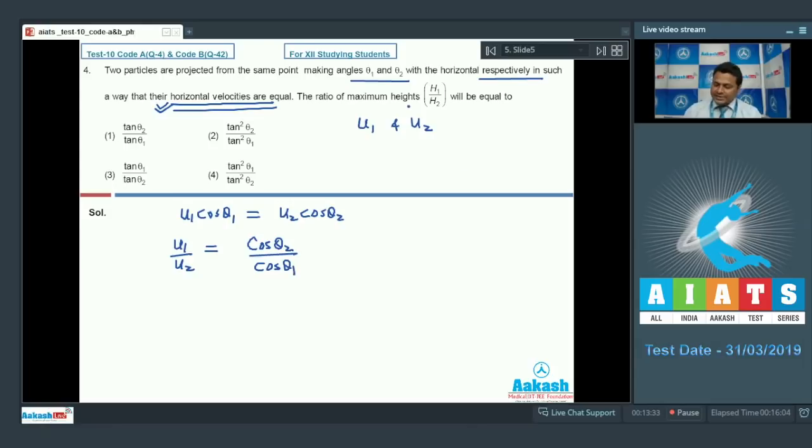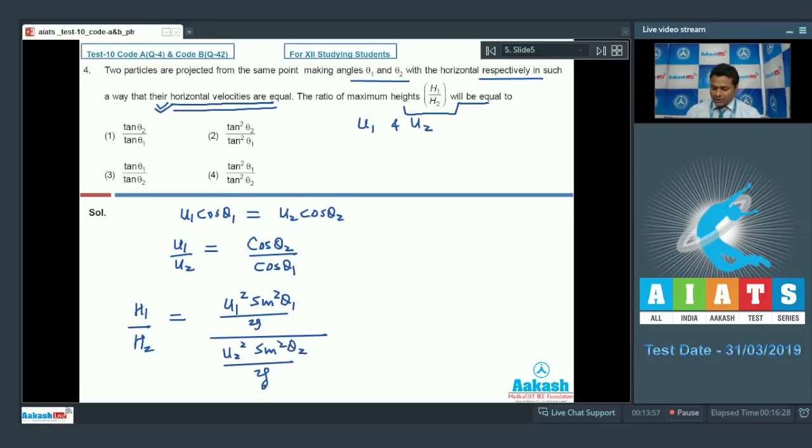Now let us calculate what has been asked in the question, the ratio of h1 and h2. h1 upon h2 will be written as h1, that is u1 square sin square theta 1 upon 2g, whereas h2 will be written as u2 square sin square theta 2 upon 2g. 2g cancel out.